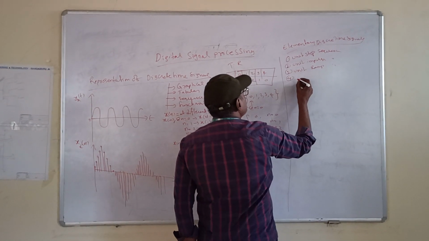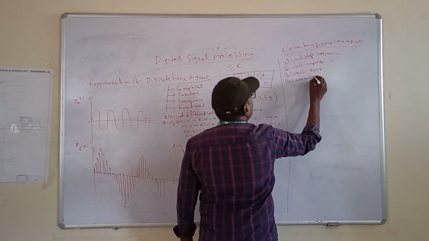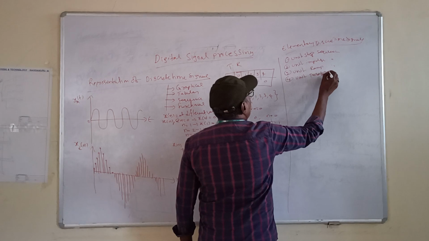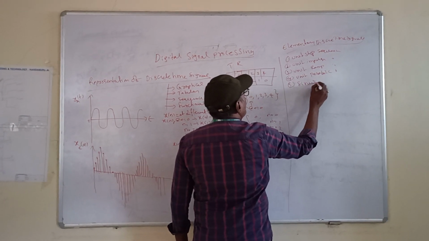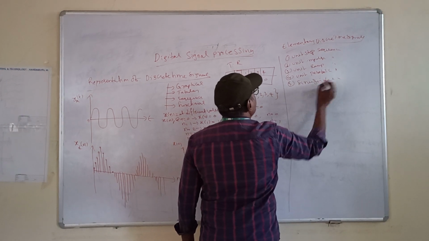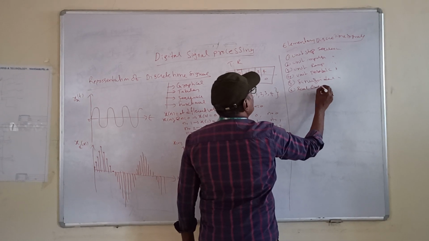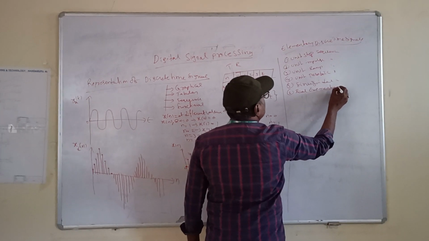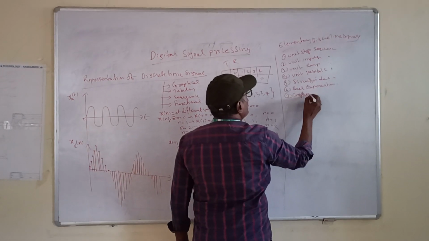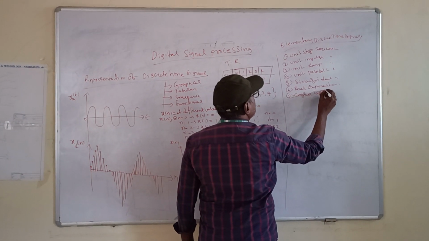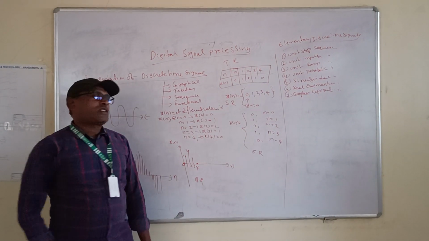Fourth one is unit parabolic sequence. Fifth one is sinusoidal sequence. Sixth one is real exponential sequence. And seventh one is complex exponential sequence. These are the different elementary discrete time signals.